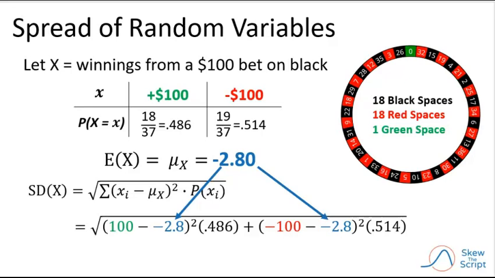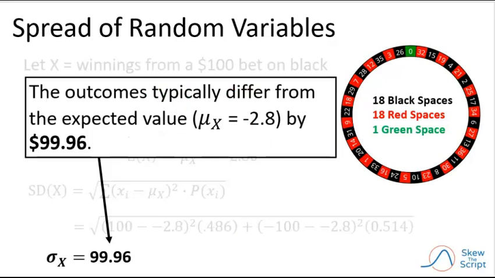Then we are going to square each of those to get rid of the negative values. After that, we weight those squared differences by multiplying them by the probabilities of each of the outcomes. Finally, we'll add those together and take the square root to undo the squaring that we did earlier. And that gives us the standard deviation, in this case 99.96.